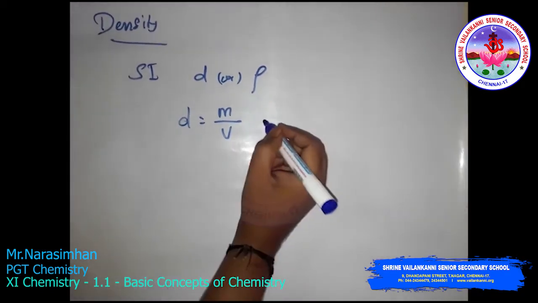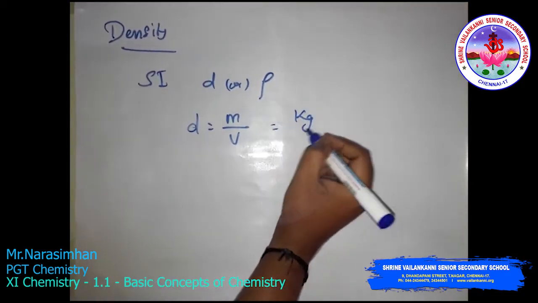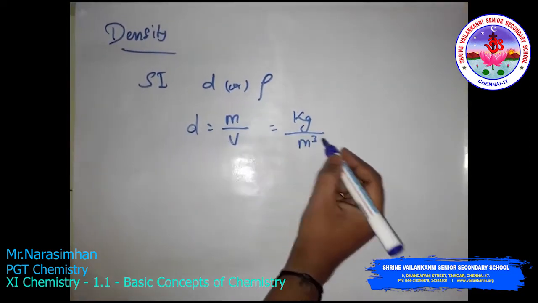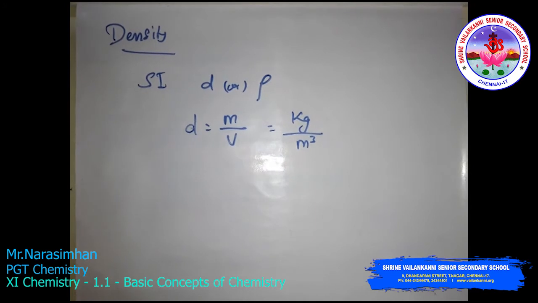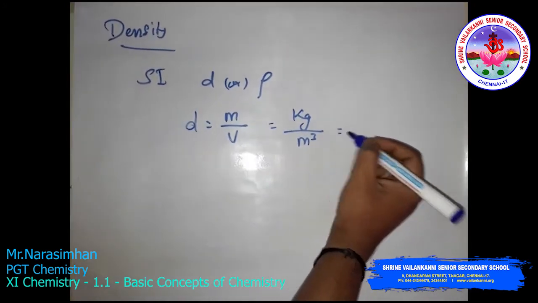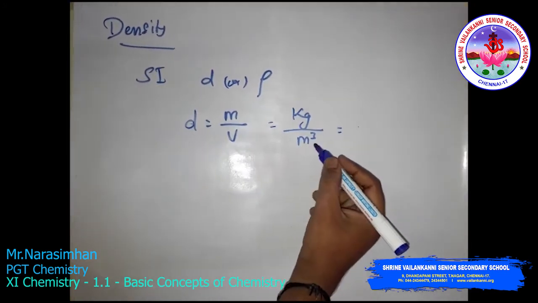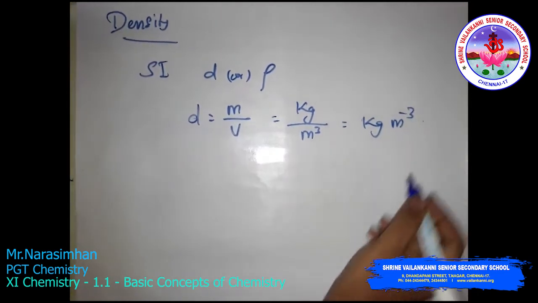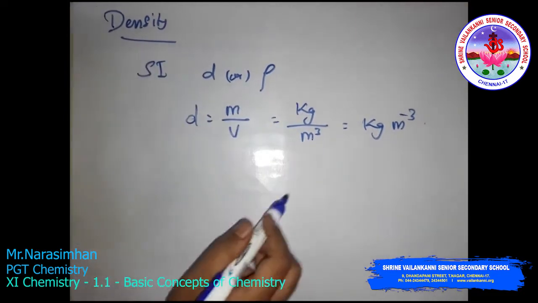Mass we usually use in kilogram and volume in meter cube, so the unit is kilogram per meter cube or kilogram meter power minus 3. So these are the units of density.